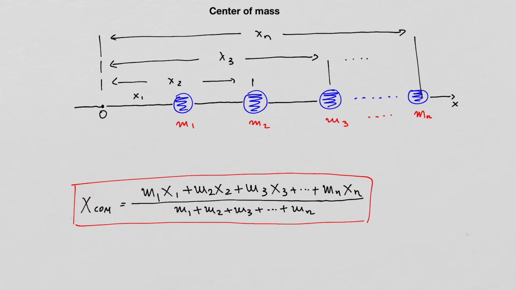So the position of the center of mass of the system is highly dependent on the position of the individual members of the system with respect to the selected origin of the coordinate system.